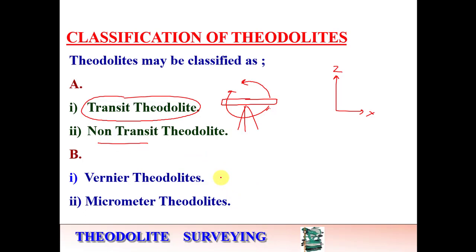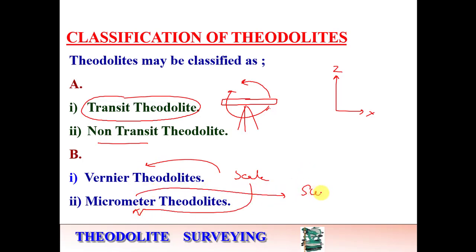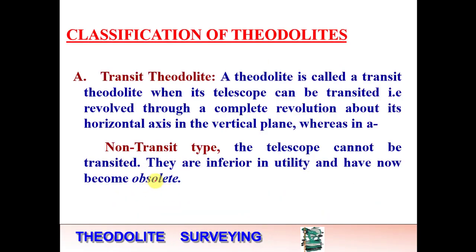On the basis of scale, we have two different scales. First one is vernier scale and another one is micrometer scale. This micrometer scale is also known as screw gauge. I will show a figure to you of how the micrometer scale looks.